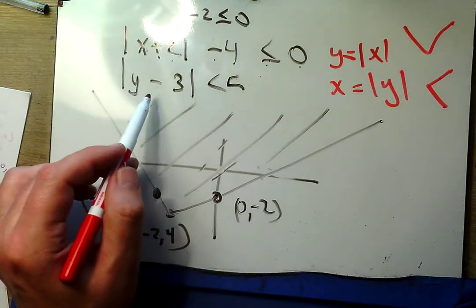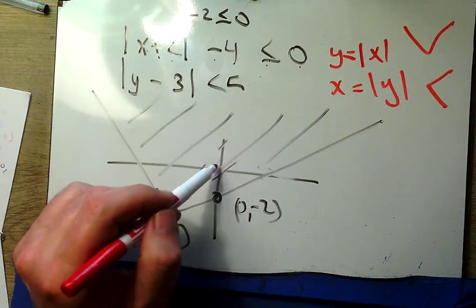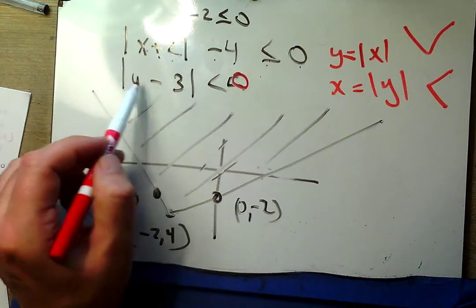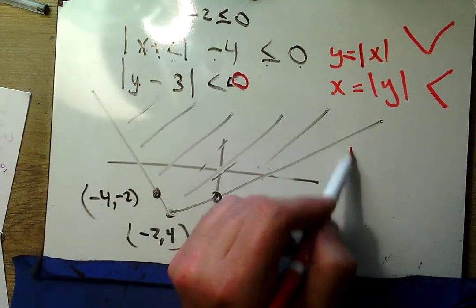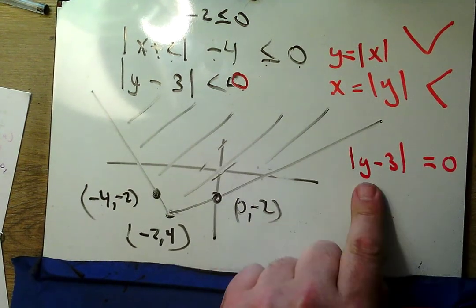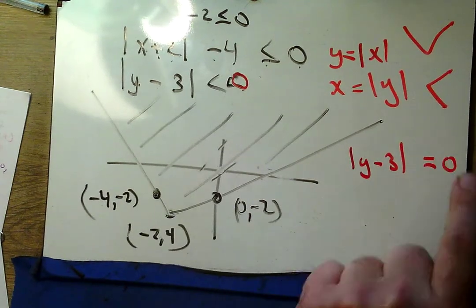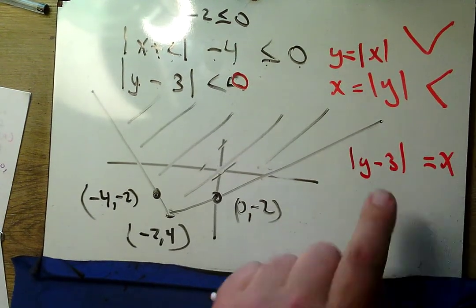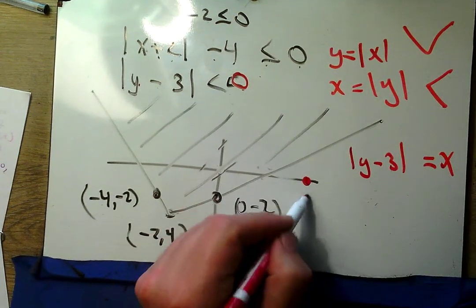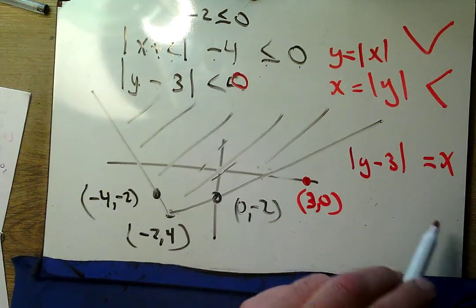Now, what about that -3? If I plug in y equals 0, I get x equals 3. So I have 3, 0 on this graph.